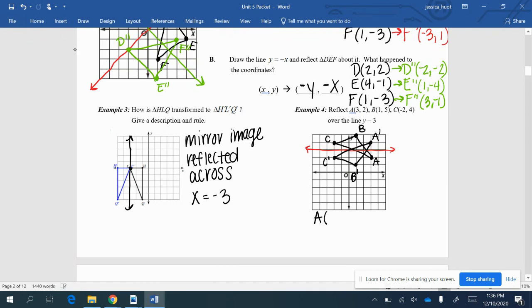So A is at 3, 2. A prime is now at 3, 4. B is at 1, 5. B prime becomes 1, 1.